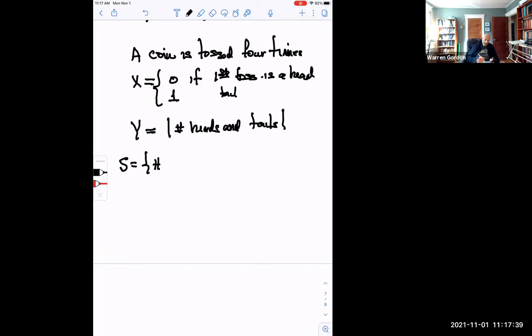You can get the sample space, of course, with a tree. I get 4 heads. Let me just write these down.